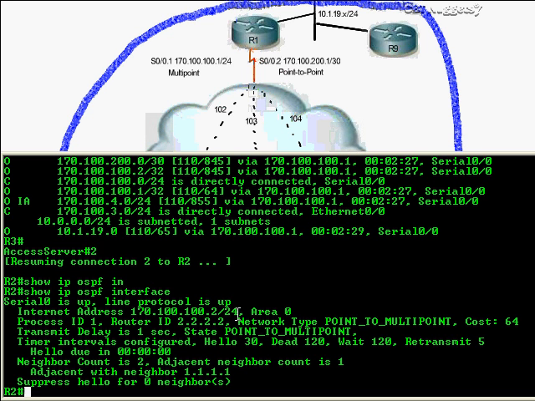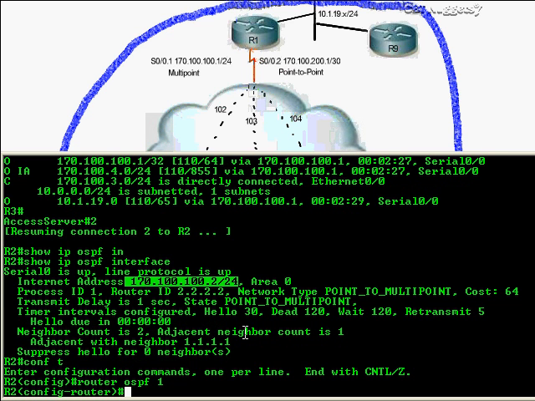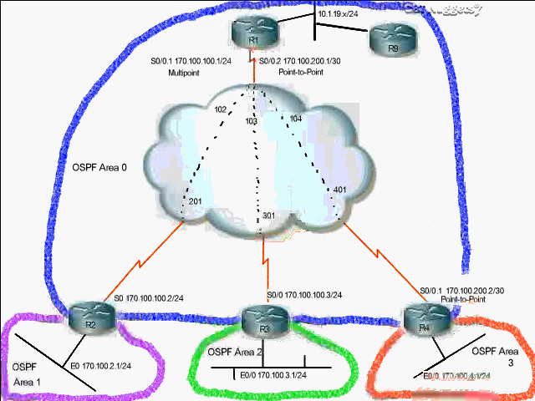I forgot to type in the command to encompass the Ethernet interface into the OSPF process. So let's go on router 2, router OSPF 1, and I'll type in network 170.100.2.0, because that's its Ethernet interface, and that is in area 1.